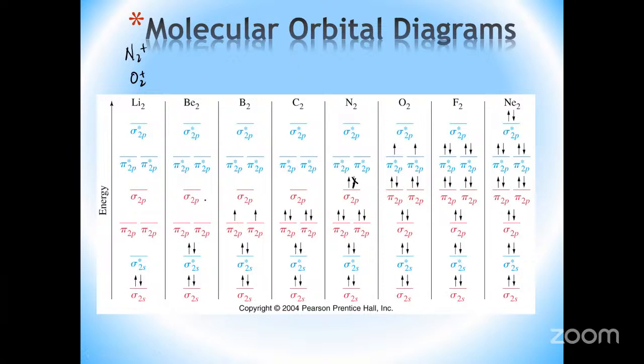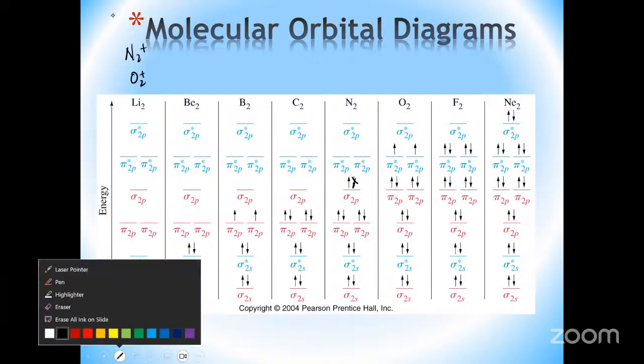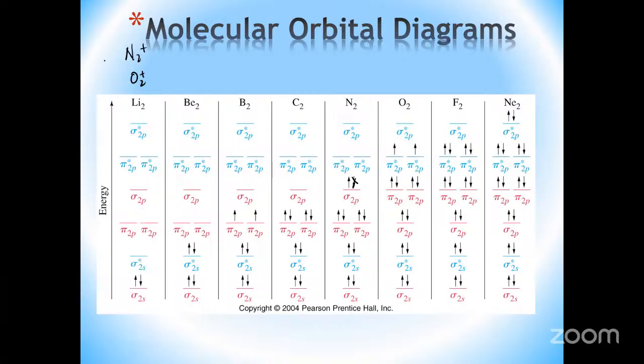Okay, so let me say for N2 plus, the bond order would be equal to, okay, so remember now, we have removed this electron here, right? So we need to count up the number of bonding electrons.